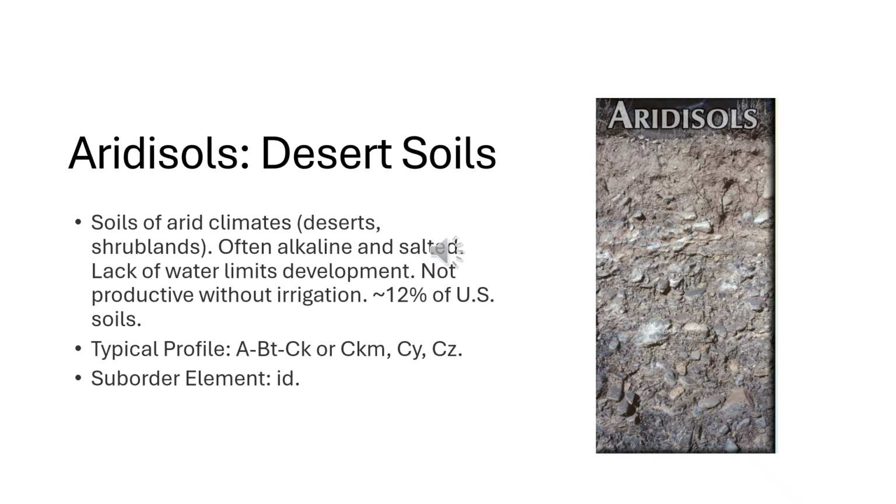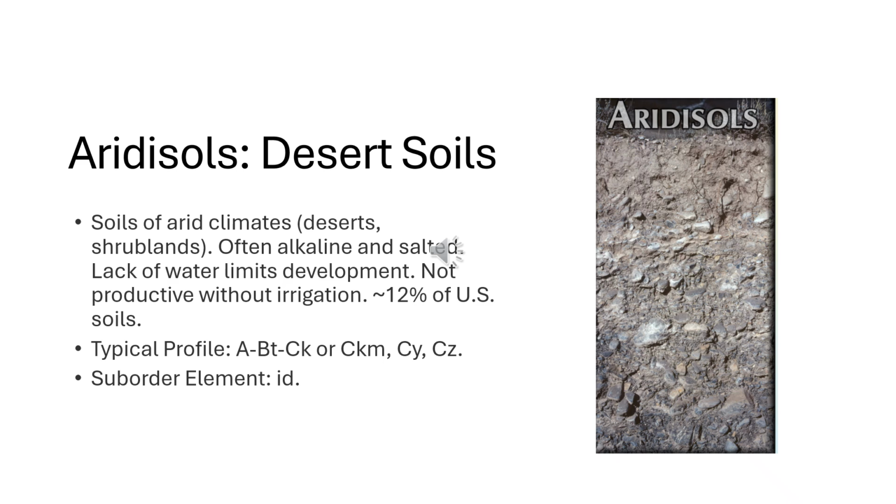Now, aridisols, on the other hand, they're the soils of, where do you think? Arid climates. Think cool to hot deserts and also shrublands. Their development is limited by, of course, lack of water, and they often have alkaline base and salted horizons. Why? Well, we don't get a lot of water to leach that stuff out of the soil. It ends up getting deposited.